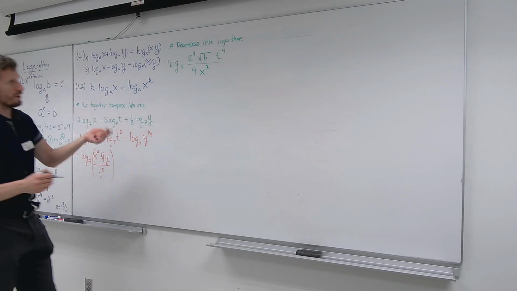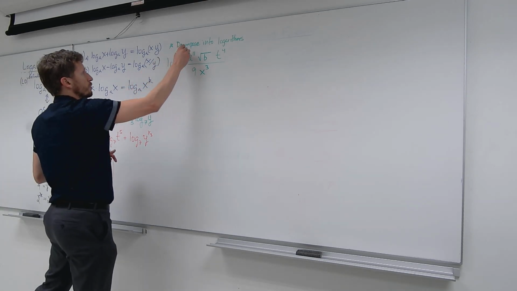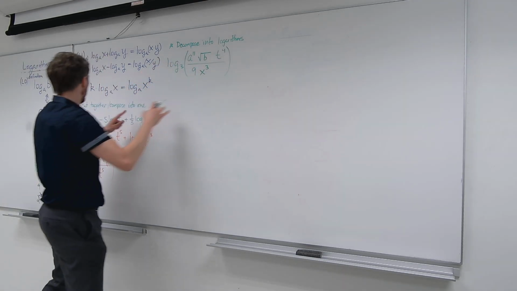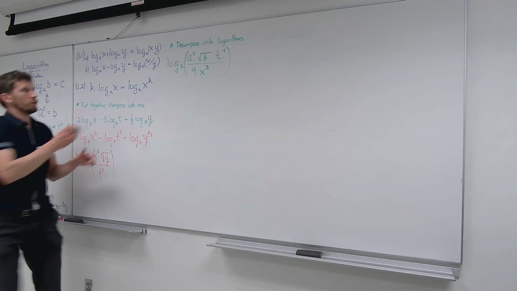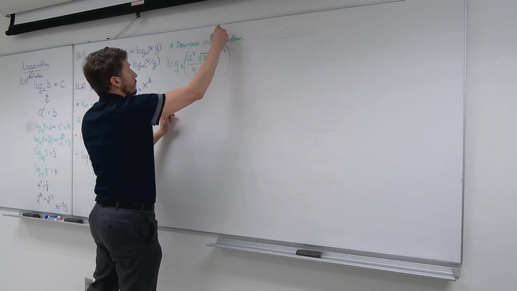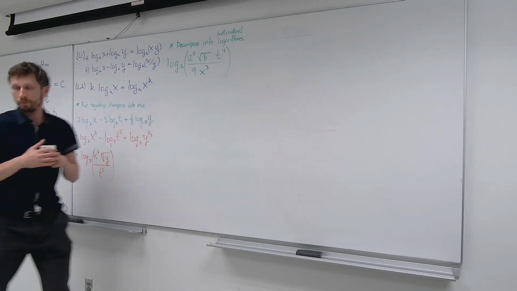That's a whole bunch of weird stuff. What do I do with that? It's not impossible. You see, the logarithm of this whole mess. How do you make it look like a separation of individual logarithms? How do you do that?